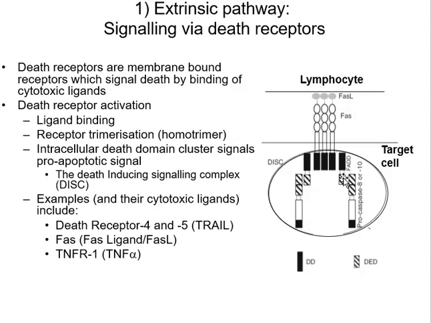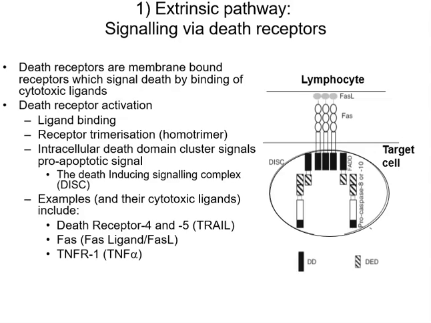And FADD has one key job, and that key job is to recruit a protein called procaspase 8. Procaspase 8 is a proenzyme, so it needs to be cleaved to be activated. FADD has 2 ends. One end is a death domain, and the death domain of FADD sticks to these trimerized death domains.